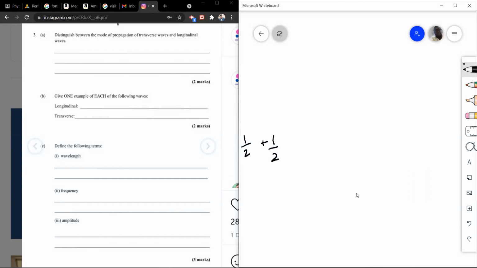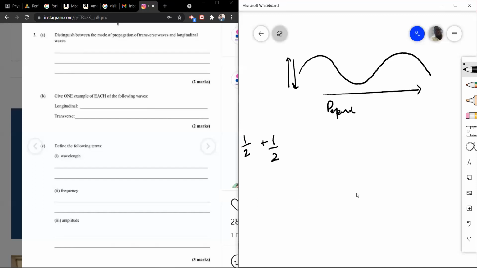So with a transverse wave, you have the vibration going up and down, and then you have the direction of propagation going like this. So therefore, we say with the transverse wave, it is perpendicular. So that's transverse wave.